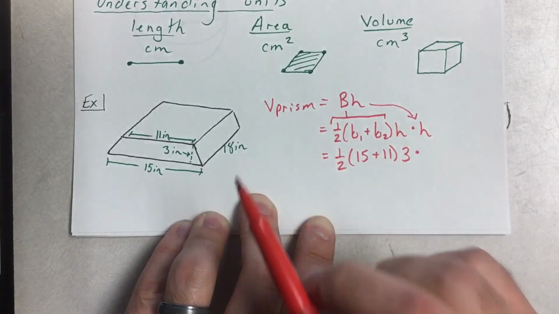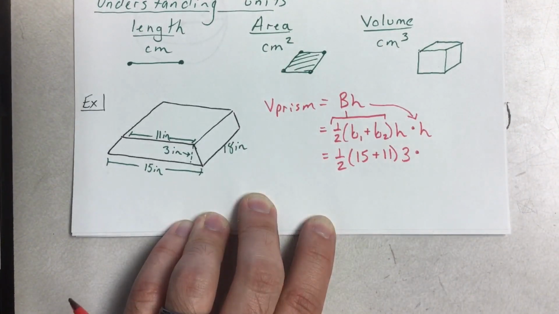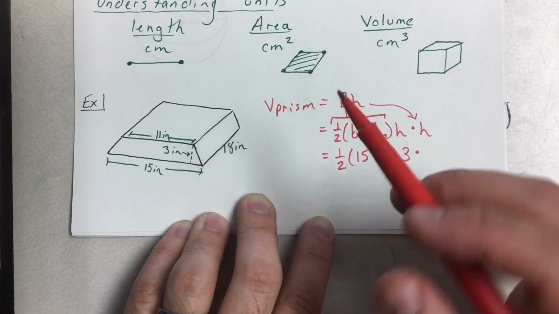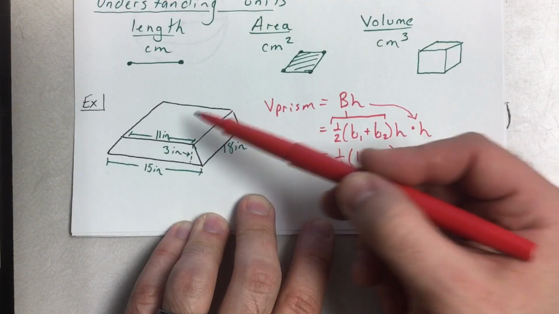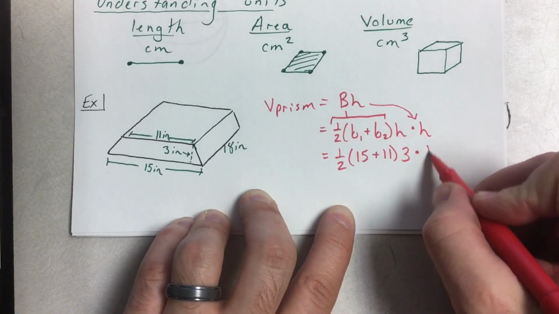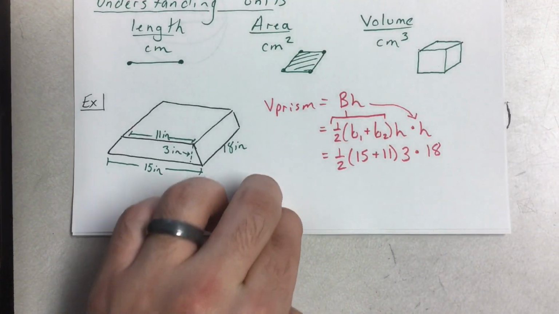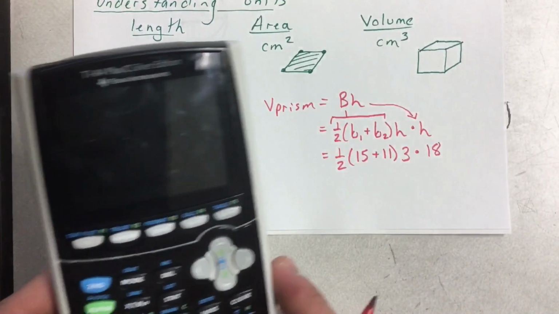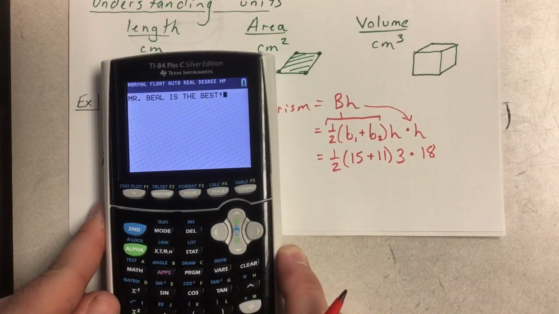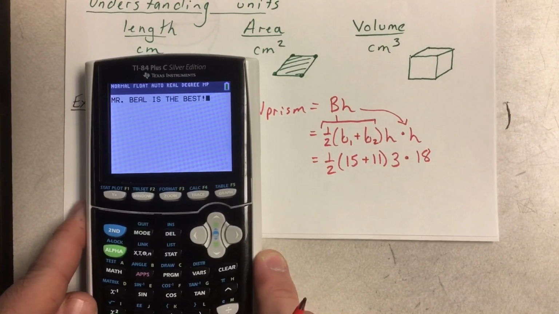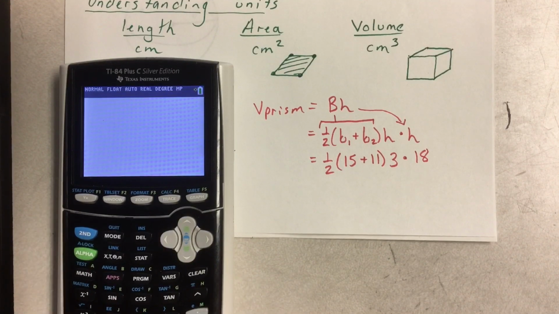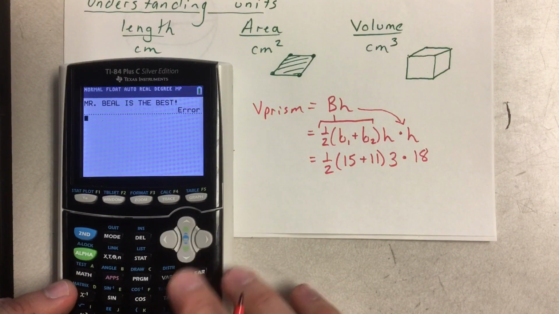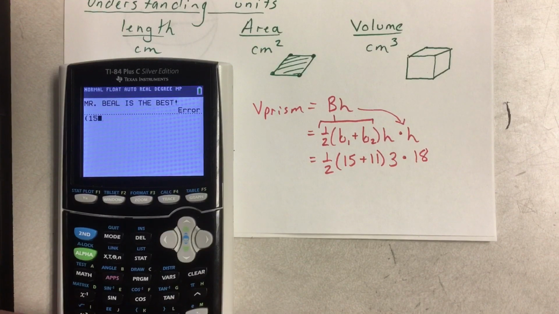And the height of the prism, as I said previously, is the distance from one base to the other base. So my front base to the back base, that's a distance of 18. So when we type all this into our calculator, 15 plus 11.